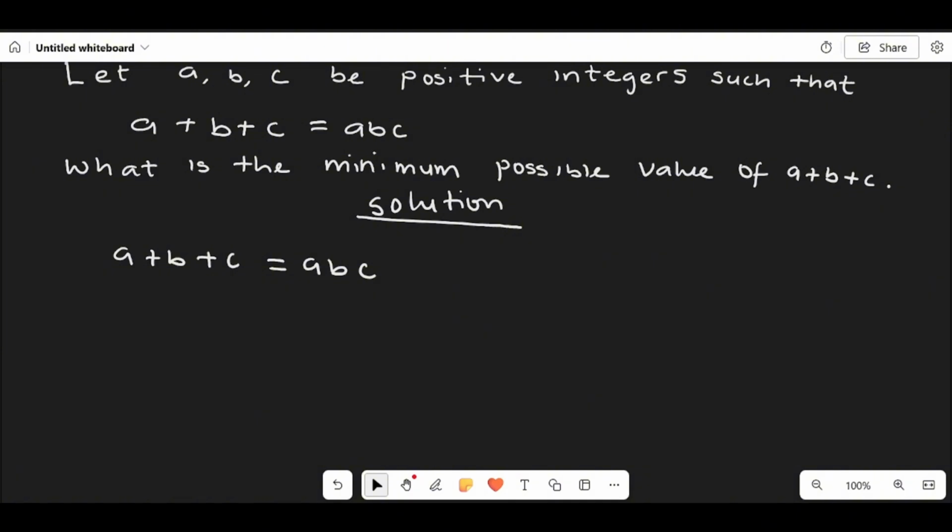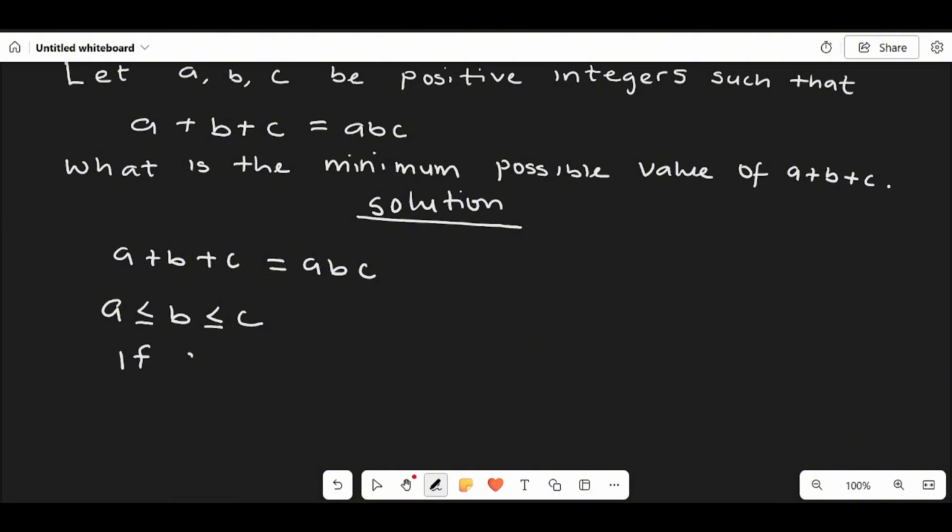So, to make our work easier, we can assume without loss of generality that a is less than or equal to b, b is less than or equal to c. Let's start from the smallest possible value of a equal to 1 and try to find the values for b and c that satisfy the equation.